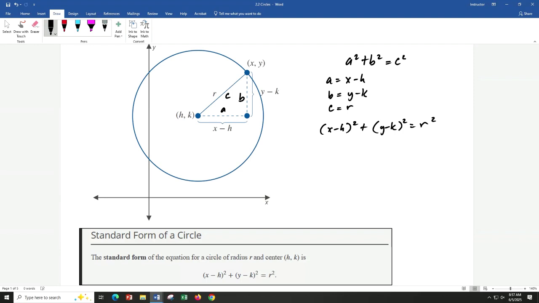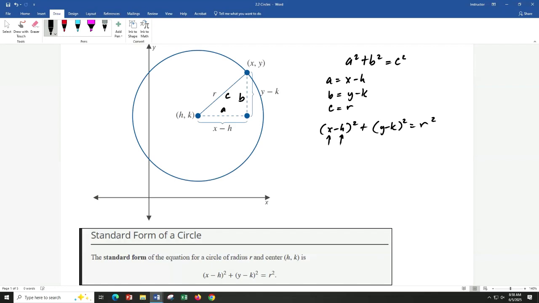This is the same thing. It's saying I have an x value right here, but to find out what it is, I'm subtracting the value they gave me, the original value. So that's why they're going to give you that (h, k), and that's going to be your midpoint inside that circle.